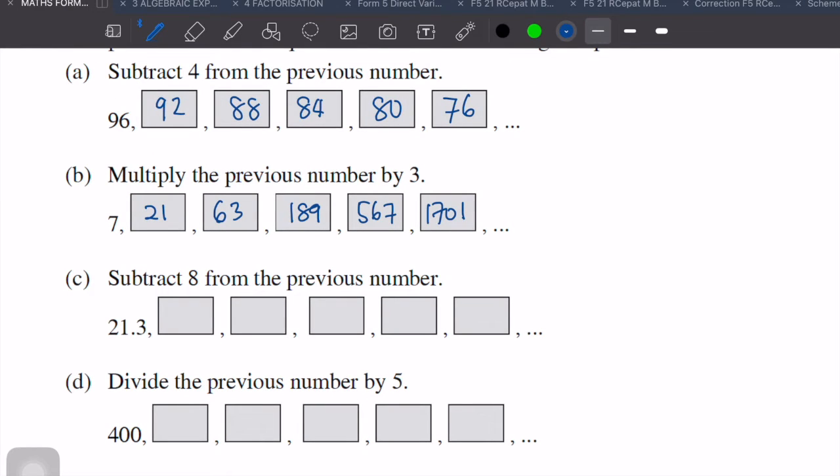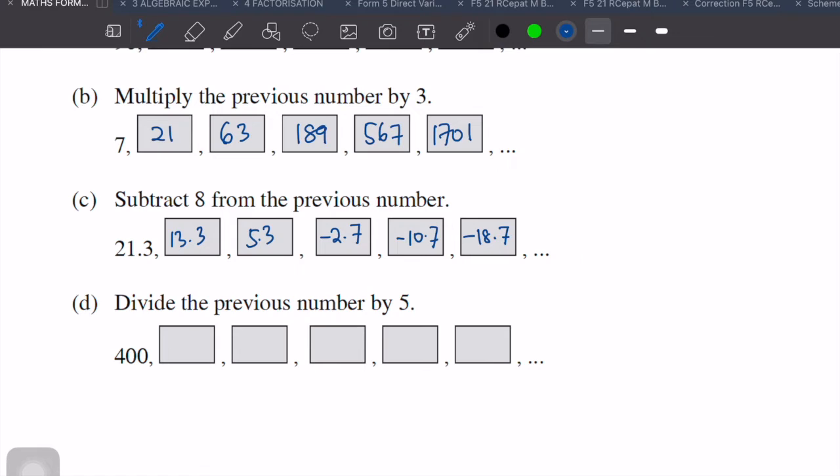21.3. Subtract 8, you will get 13.3, and then minus another 8, 5.3, negative 2.7, negative 10.7, and finally negative 18.7. Okay, D, divide the previous number by 5.